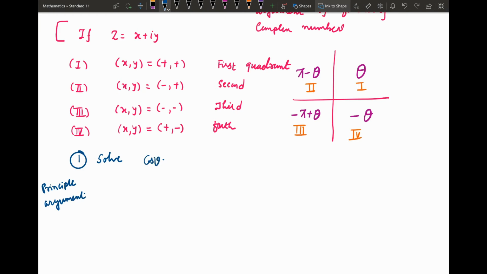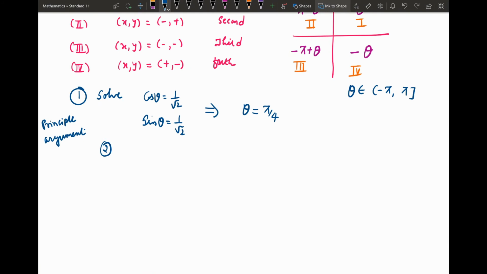Say cos theta equal to 1 upon root 2, sin theta equal to 1 upon root 2. Now find theta. Our theta for the principal value must belong to open-close minus pi to pi. Here both are positive, so first quadrant, so theta will be pi by 4, because cos pi by 4 is 1 upon root 2 and sin pi by 4 is 1 upon root 2.